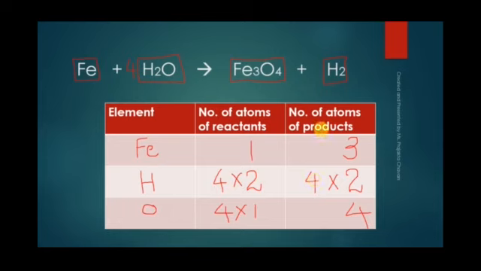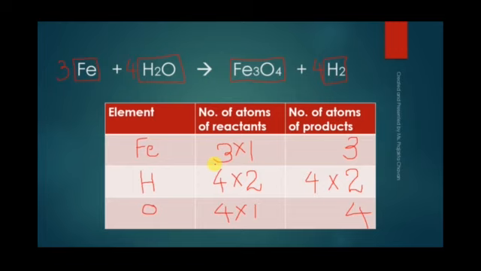So 4 for the product side in hydrogen. Great. Now let us proceed for the last element, that is Fe. Again 3, 1, it is not balanced. So we are going to multiply this 1 by 3. So we write 3 in the reactant side. So this was our third step, balancing the reactants and products.